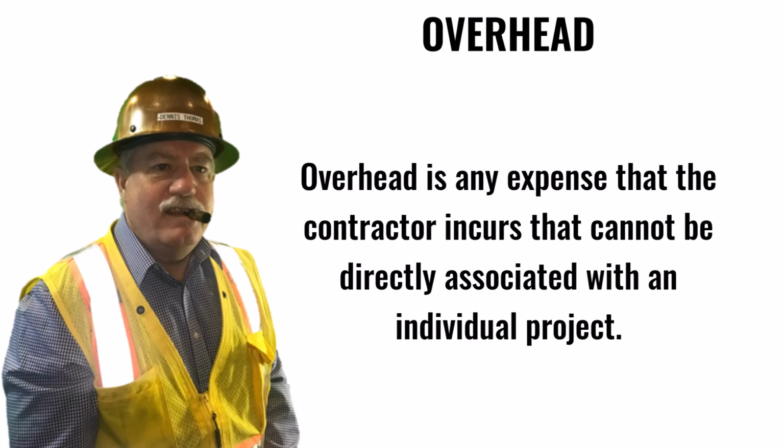Overhead is any cost that the contractor incurs that cannot be directly associated with an individual project. This means it would include things like accounting fees, advertising, insurance, interest, legal fees, rent, repairs, supplies, taxes, and telephone bills.